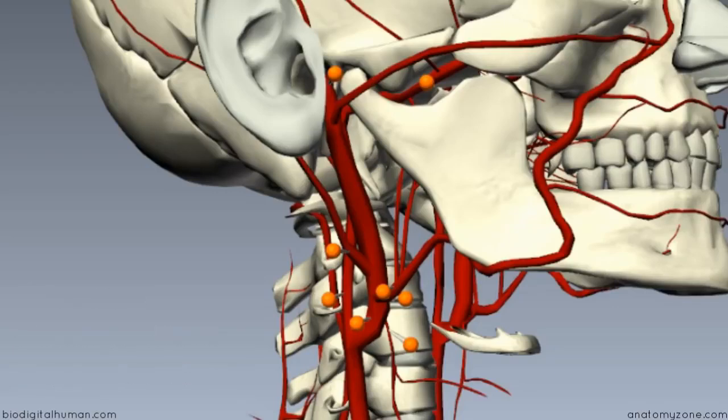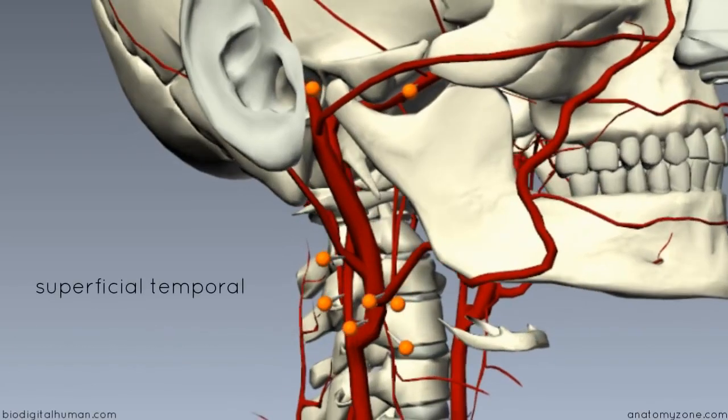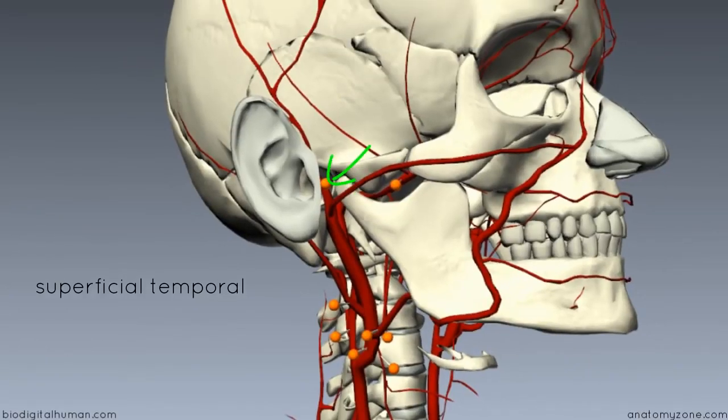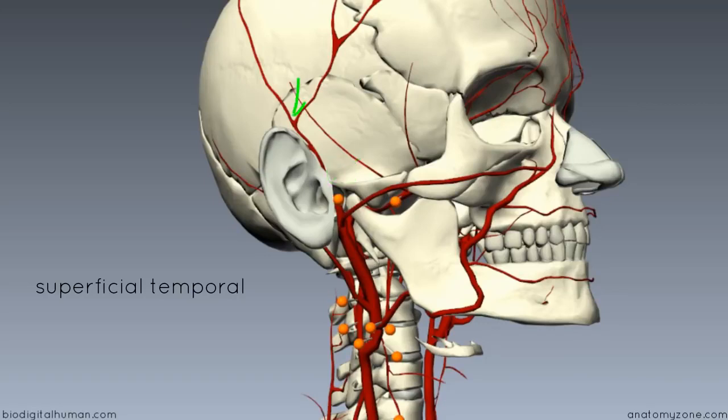The superficial temporal artery you can see is pinned here, and this artery also runs posterior to the neck of the mandible, and then it runs anterior to the ear, and then it runs up onto the scalp where it separates into its posterior and anterior divisions.